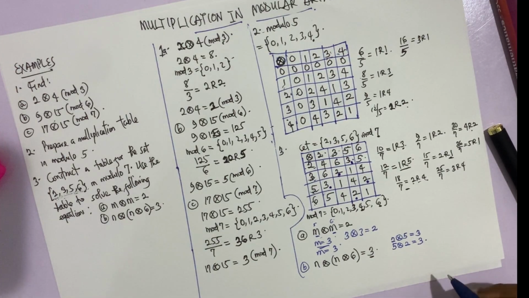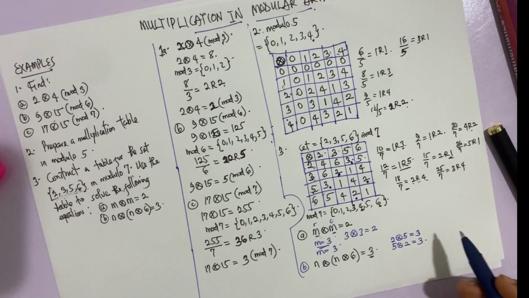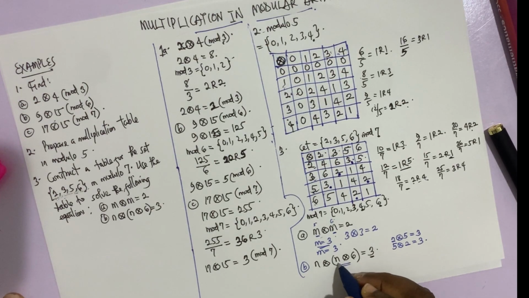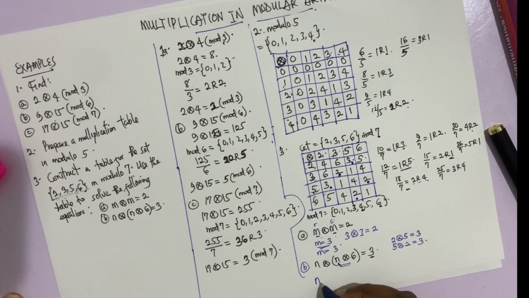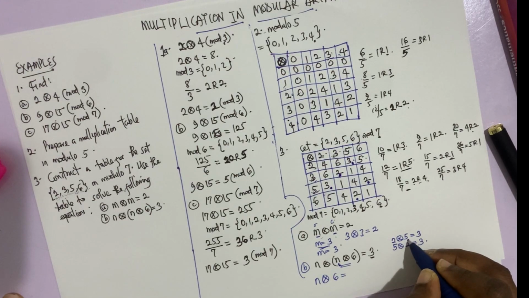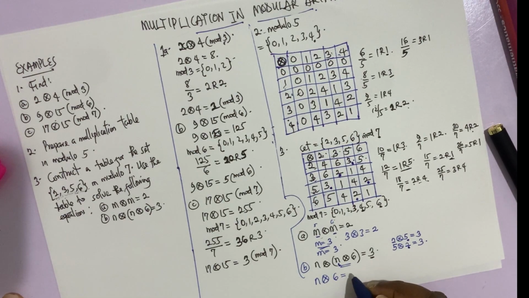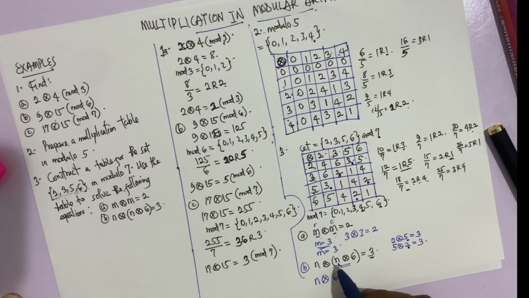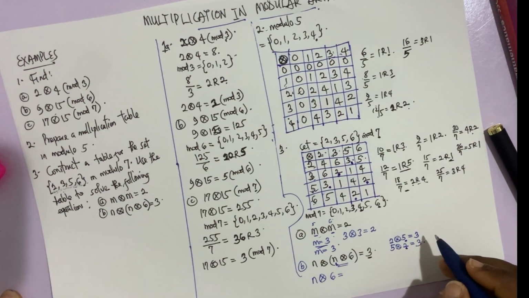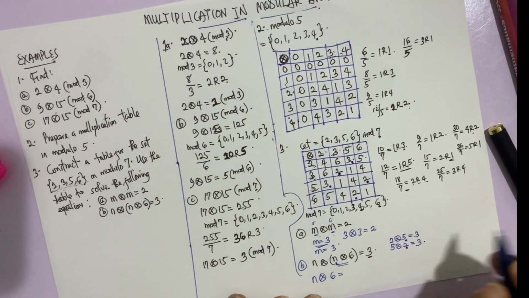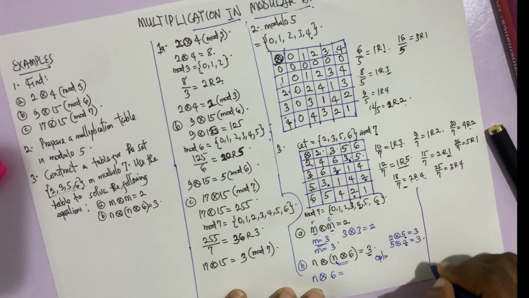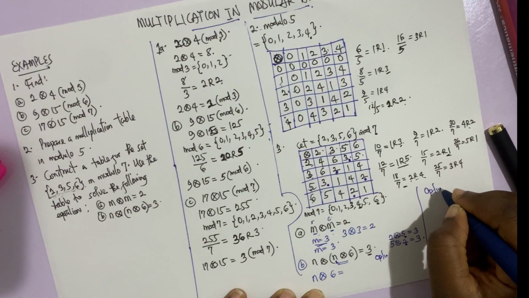So how do we now get what n is? Whatever n is, n times 6 has to be either 5 or 2. Do you understand? For this equation to be satisfied, let's say option 1.